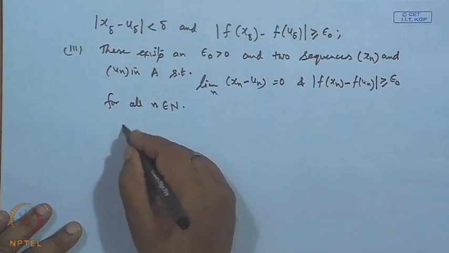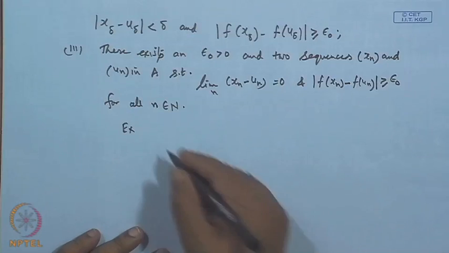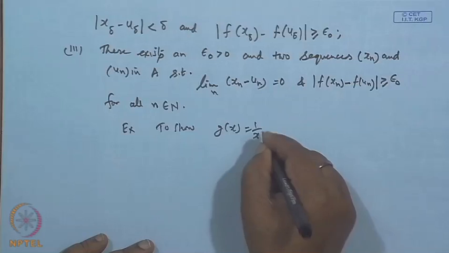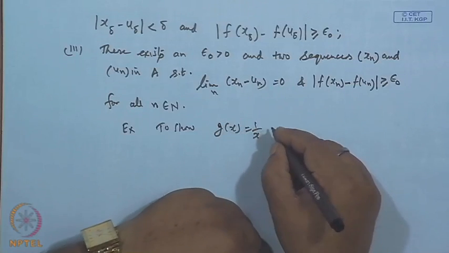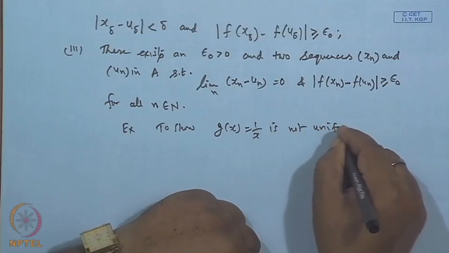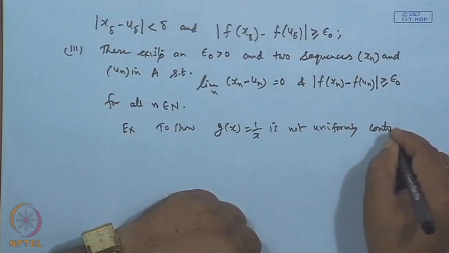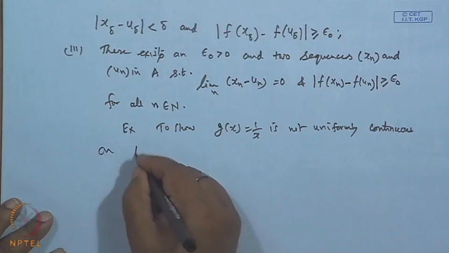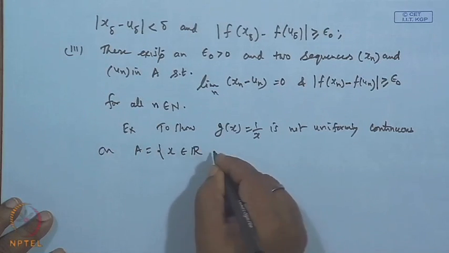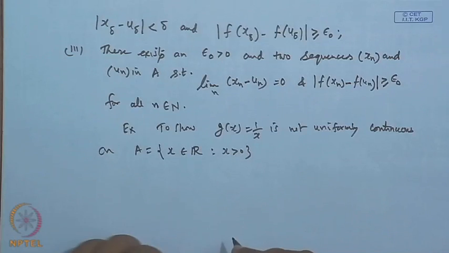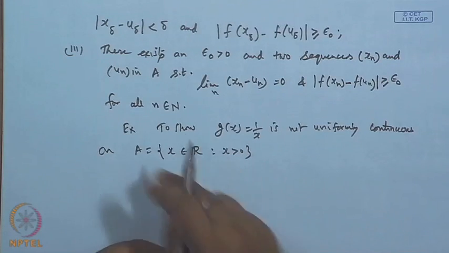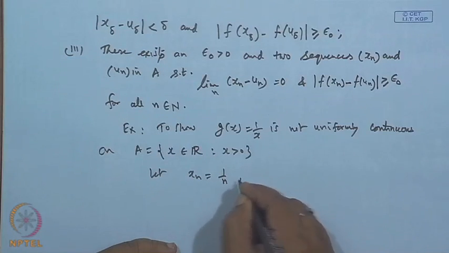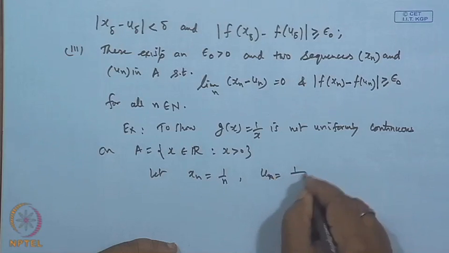Now, this criterion can be applied very directly. Suppose I apply it to show that g(x) equal to 1 by x is not uniformly continuous on the set A where x is greater than 0, the set of all positive real numbers. So, what we do is pick two sequences. Let x_n be 1 by n and u_n be 1 over n plus 1.